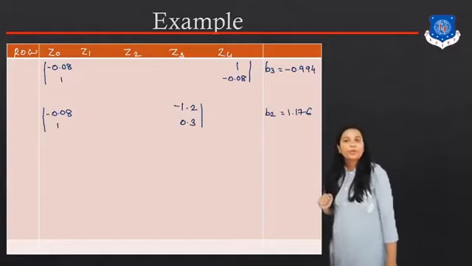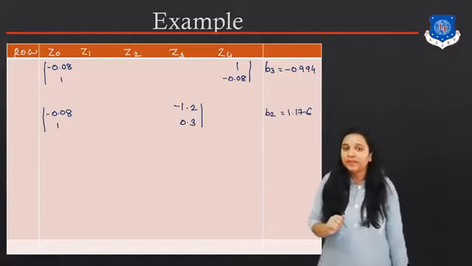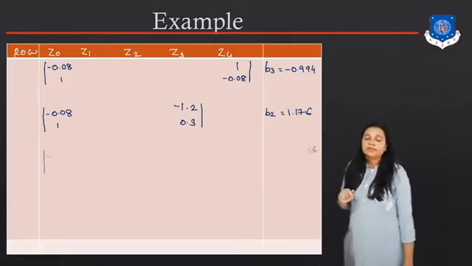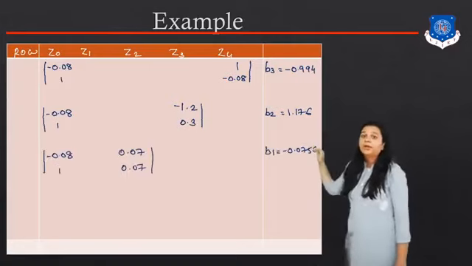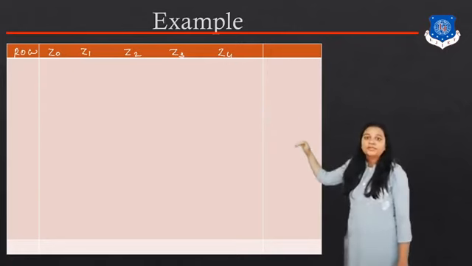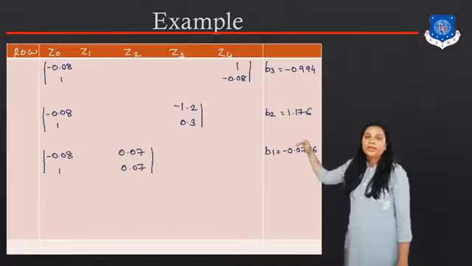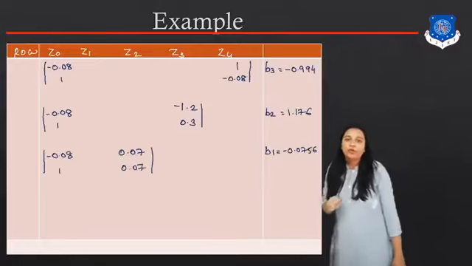Again we have to cross multiply and find the equation. We can get B2 equal to -1.176. Now put A4, A0, and 0.07, which is our A2. So we can put here A2 and we get the value of B1.